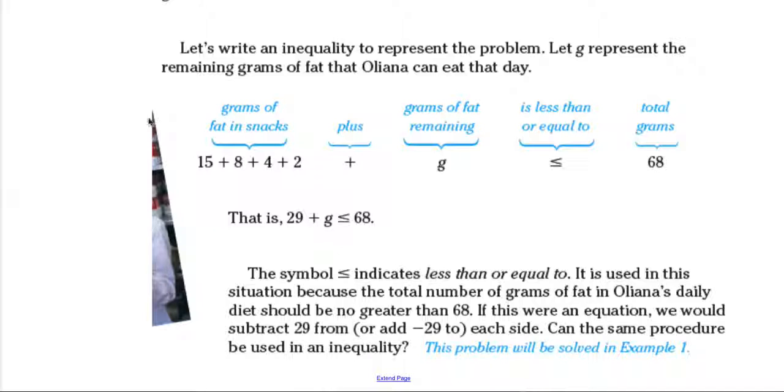Before we answer that question, let's explore what happens if inequalities are solved in the same manner as equations. We know that 7 is greater than 2. What happens when you add or subtract the same quantity to each side of the inequality? We can use number lines to model the situation.